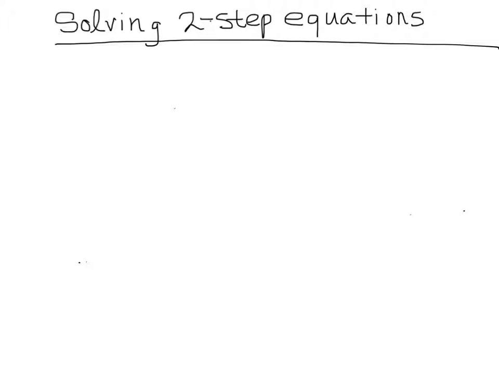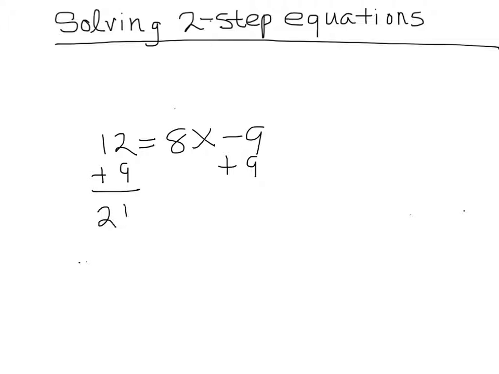And my next problem, I am going to do 12 is equal to 8x minus 9. So I'm going to add 9 to both sides, getting 21 on this side and 8x on the other side.